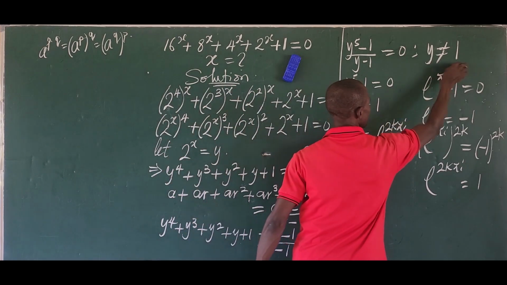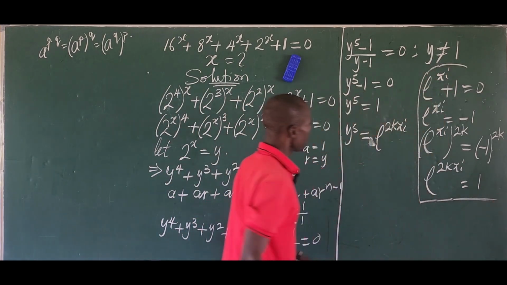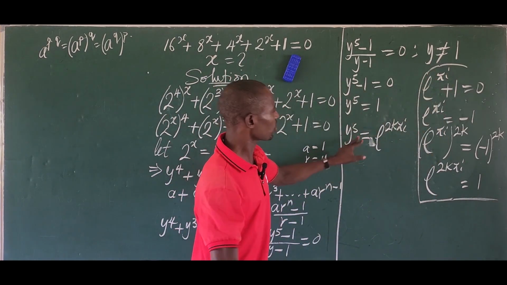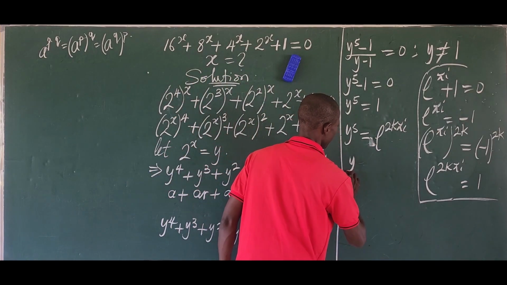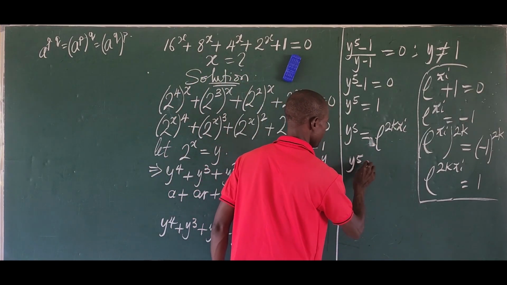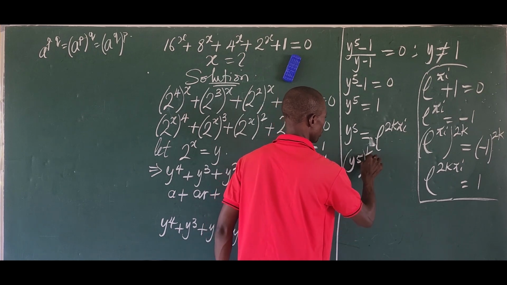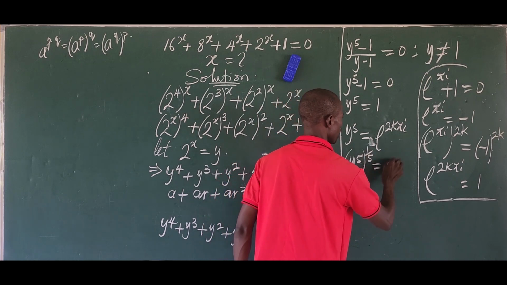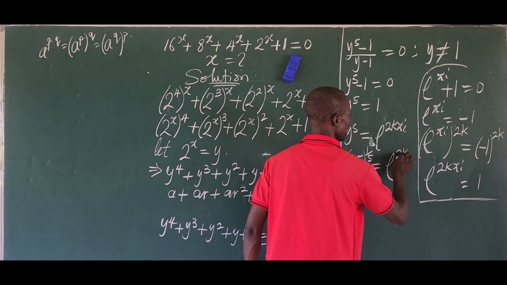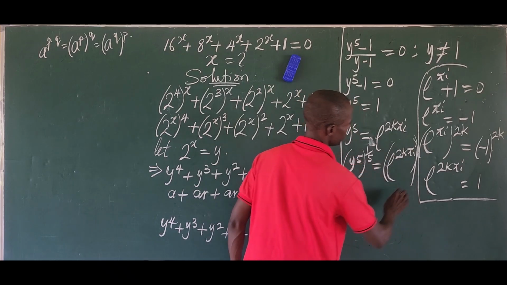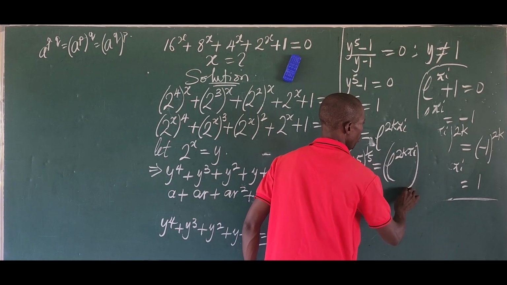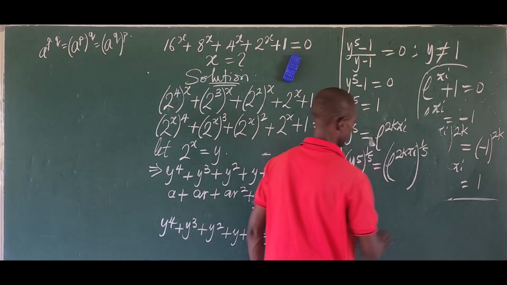Let's separate this out here, please. Now, with what we have, we want to take the fifth root, so we raise both sides to the power of 1 over 5. This is equal to e raised to 2k pi i, all raised to 1 over 5.